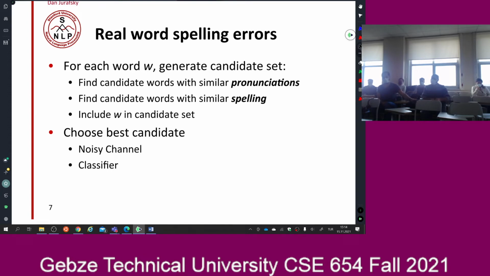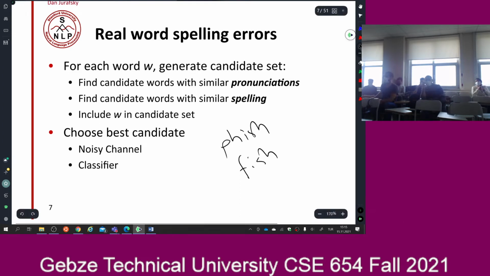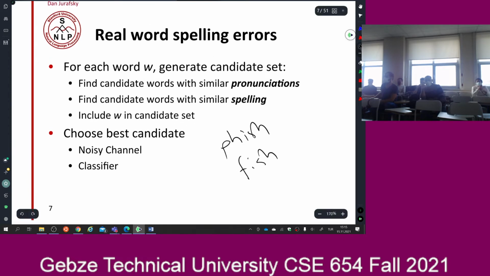But in English, if a word starts with this one, probably you should consider this one too. The pronunciations of these two letters and this one are the same. So edit distance wise they are very different, but the pronunciations are the same, so pronunciations become important too.